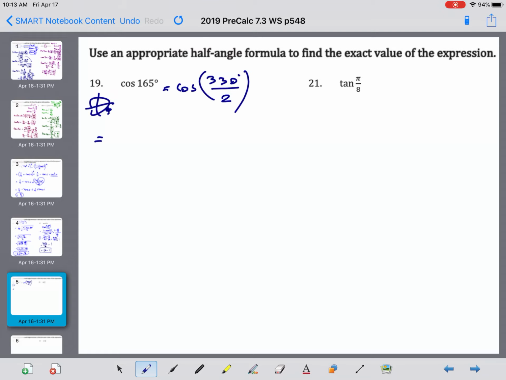Half a cosine is going to take me back to here, so that's going to be a negative version. And like a couple problems ago, I'm going to go 1 plus, this time, root 3 over 2, all divided by 2.